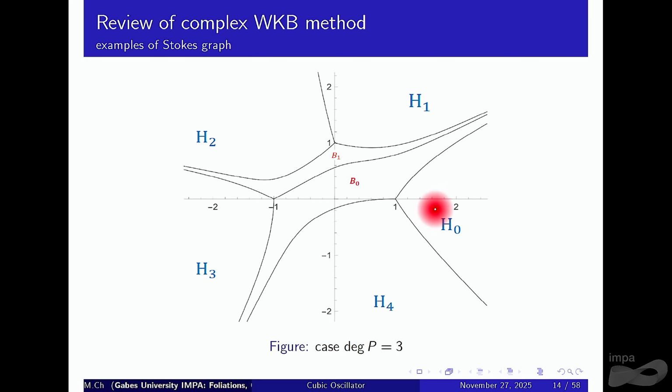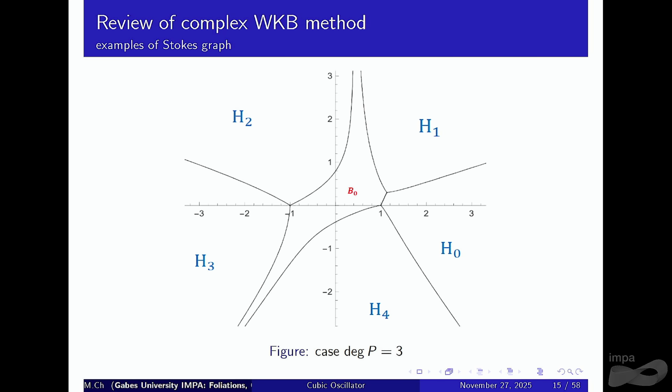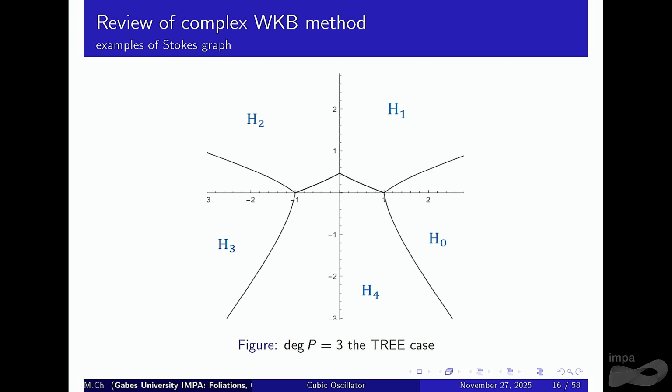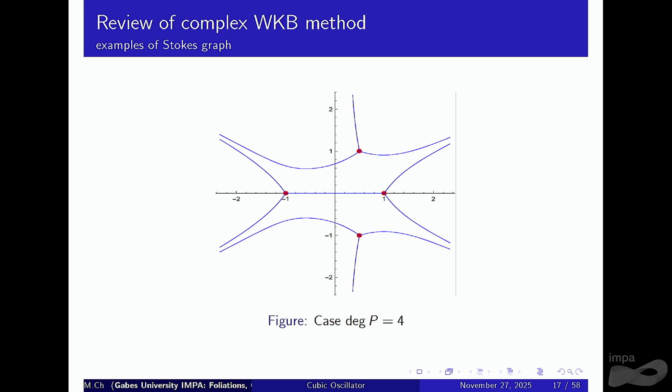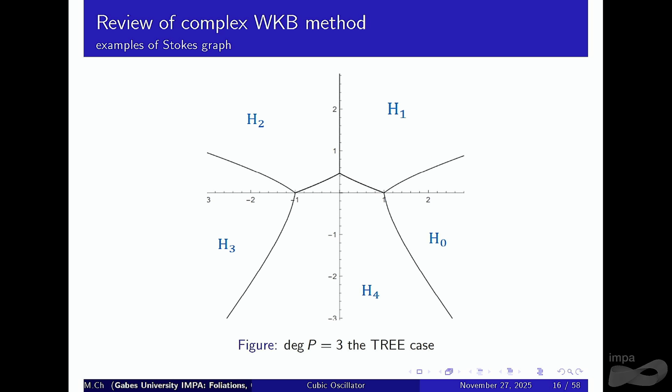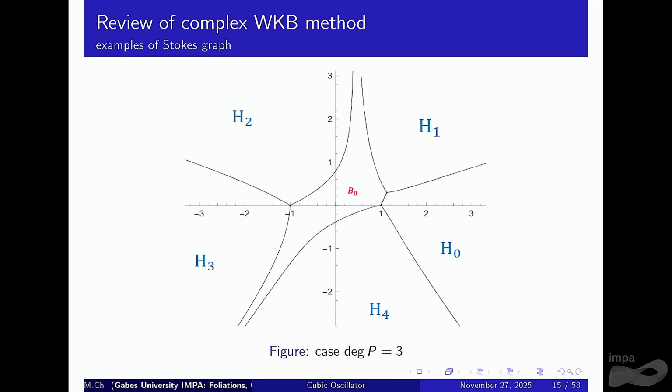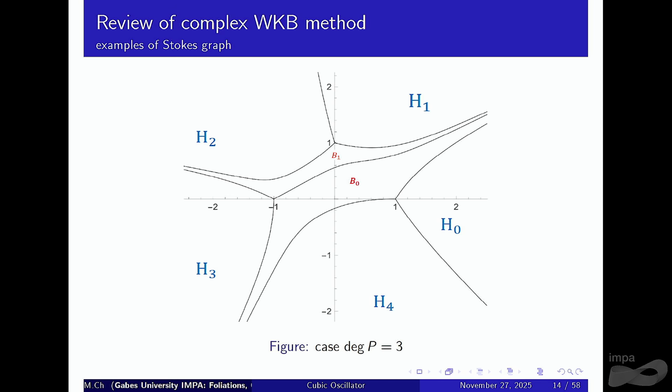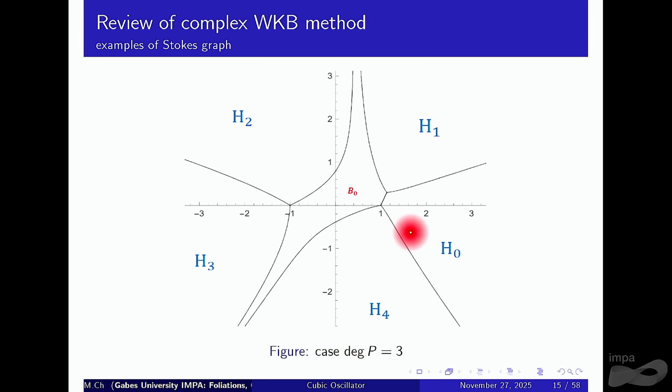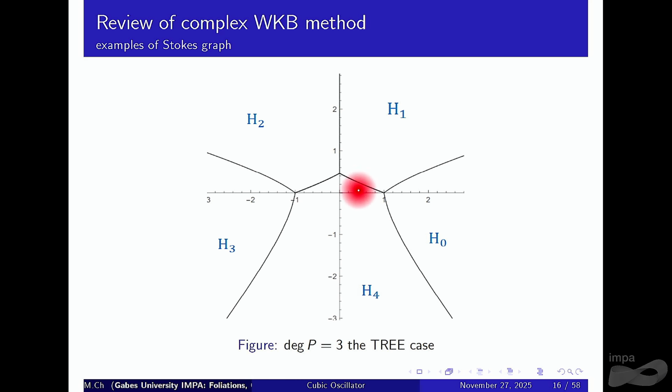We have the 5 half planes. Here is another example, and here another example. As we have seen for the cubic, the difference between these three is the relation between the turning points. In this case, the turning points are not linked. In this case, we have a link between 2 turning points, and in this case, the 3 turning points are linked.